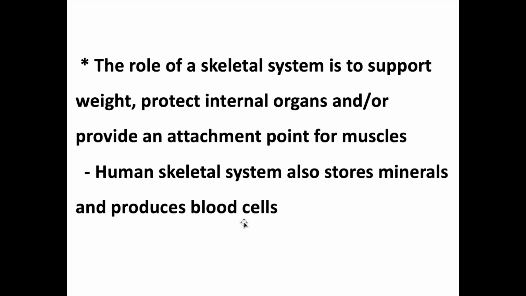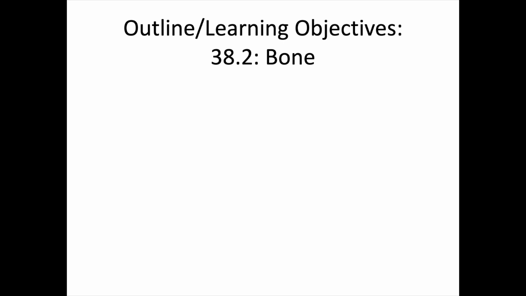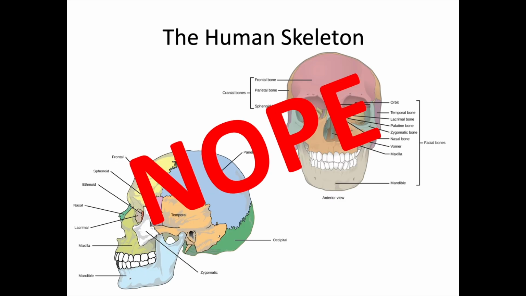More on blood cells in a later chapter. Okay, so if we're going to focus on vertebrates in this chapter, our skeletal system has lots of bones. So, we're going to, nope, not learn all the bones of the skull.